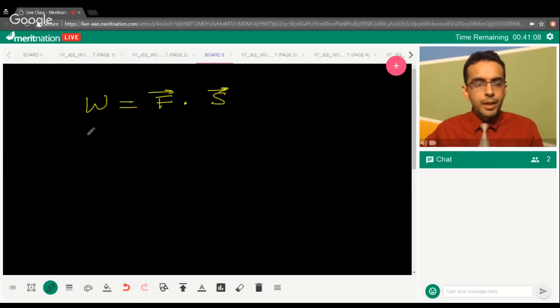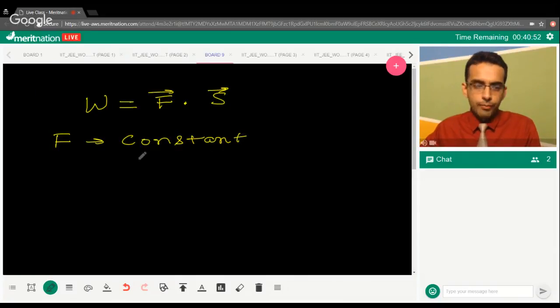We can modify this formula for different cases. If the force is constant, then simply we use this formula: W is equal to F dot S.